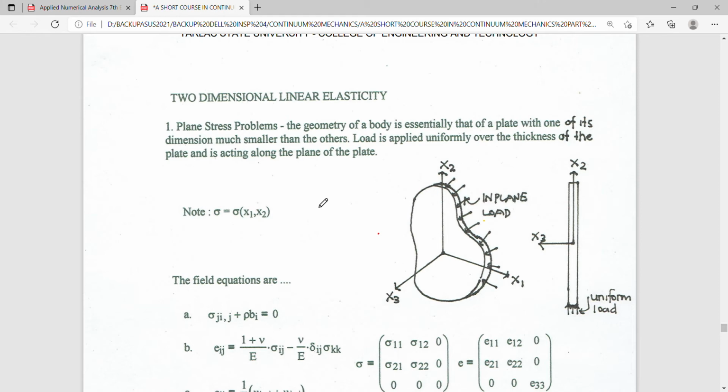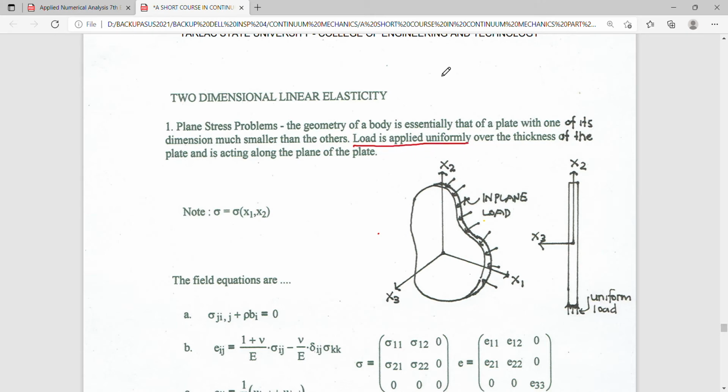So it actually falls within the scope of the plane stress problem. But that is not just the definition of a plane stress problem. If you want to use the concepts presented here, the other restriction is that the load, okay, must be applied uniformly over the thickness.